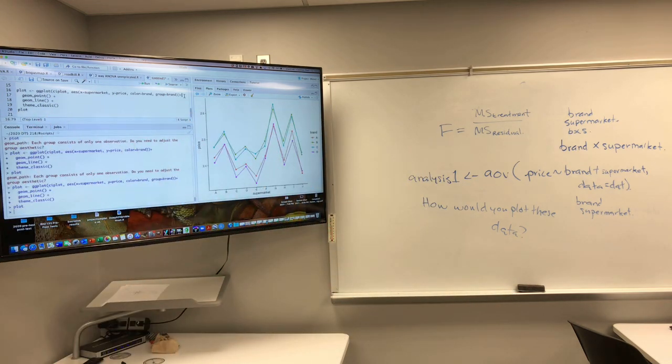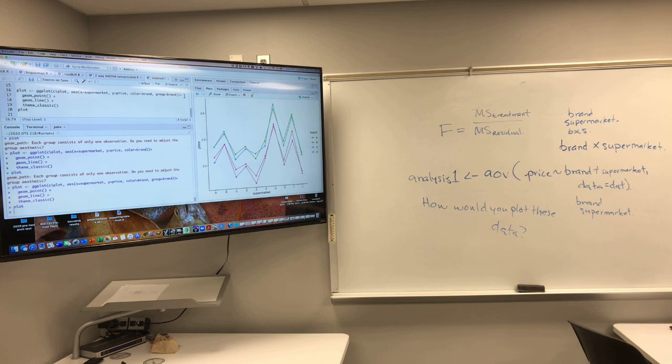Now you can see that brands do differ. Brands B and C are generally more expensive than brands A and D. You can see that supermarkets differ, but you can't make a plot that shows you the differences among supermarkets, and you don't have a plot that shows you the differences among brands in the way the statistical test would be indicating those differences exist.